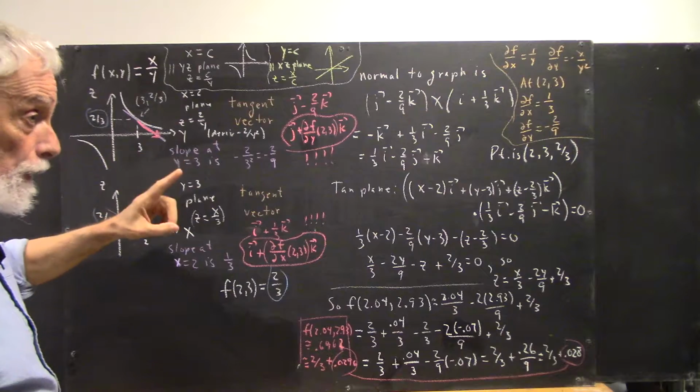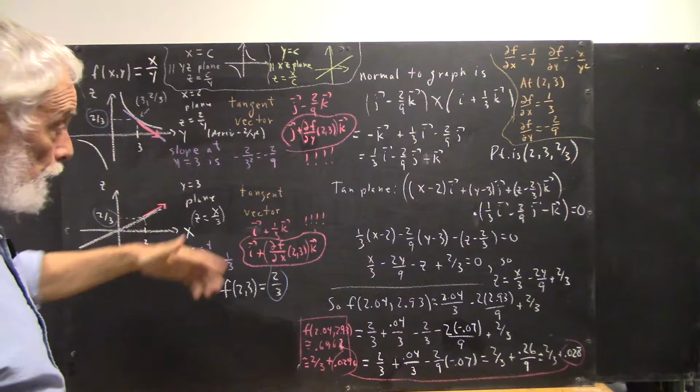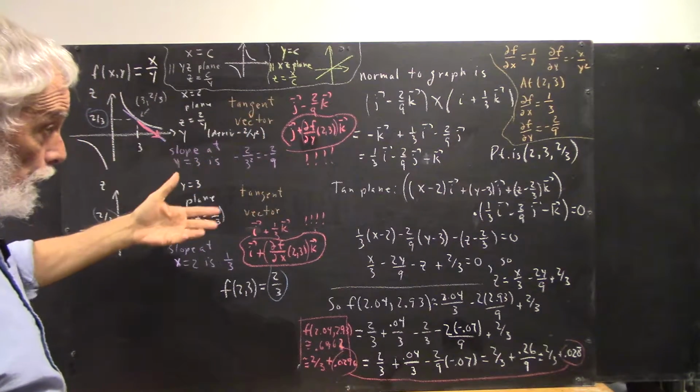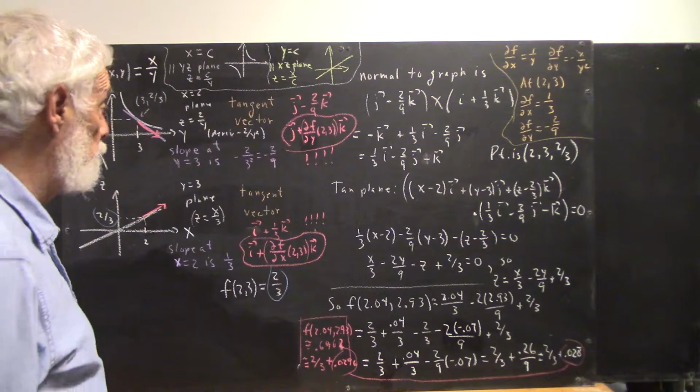Remember, the run is 1. So if the rise over the run is going to equal negative 2/9 and the run is 1, the rise had better be negative 2/9.